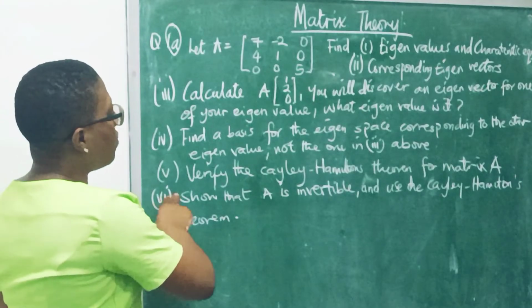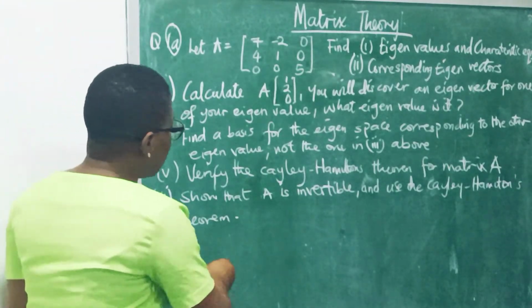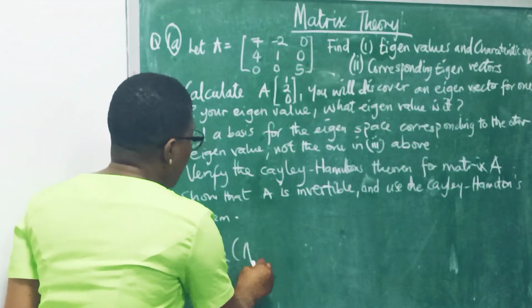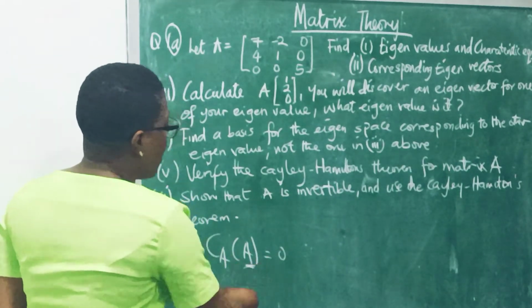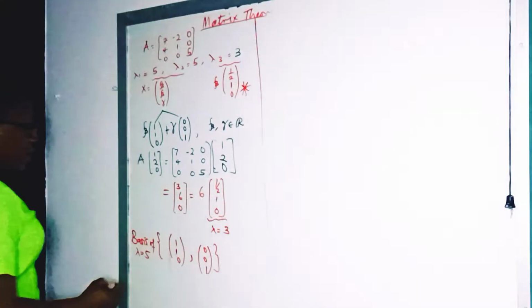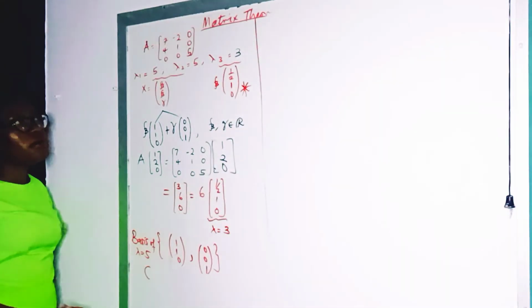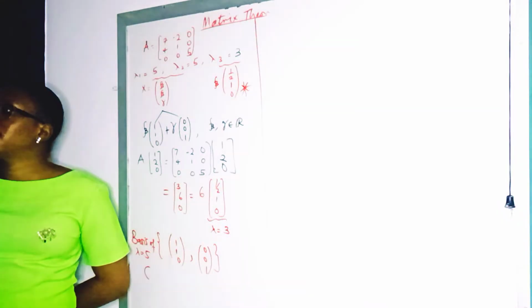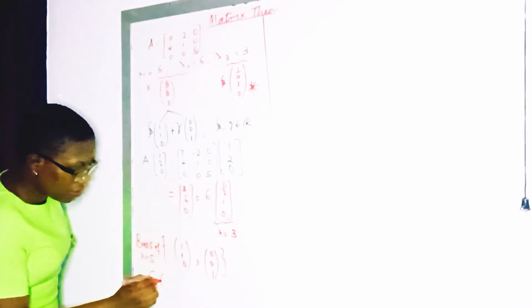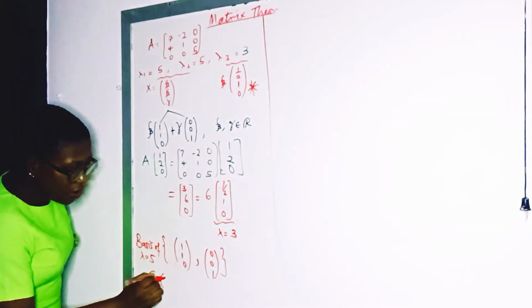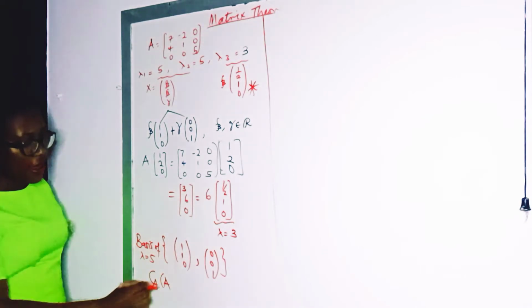We verify the Cayley Hamilton Theorem. The Cayley Hamilton Theorem says that the characteristic polynomial of A, with A substituted in, is equal to 0.